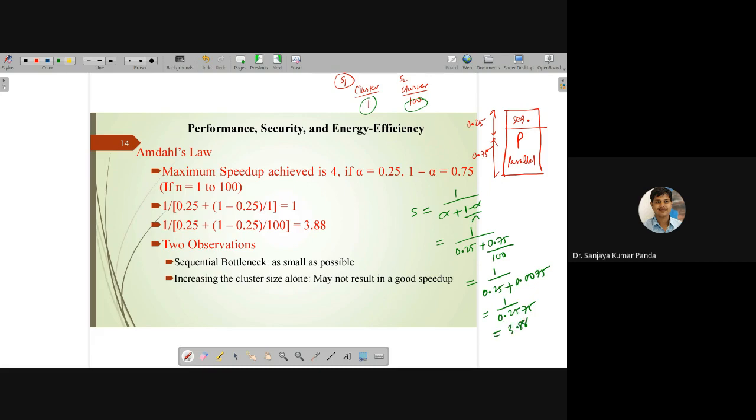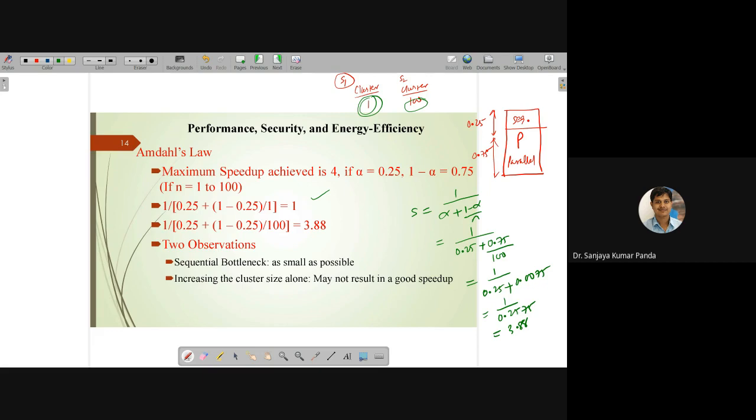Yes, you're correct. So what it says is, if you deal with only one system, your speedup is 1. Speedup means the ratio of pipeline processor to non-pipeline processor. But if you increase the number of nodes to 100, not 1000, the speedup value increases to only 3.88. With one system, speedup is 1. With 100 systems, it is 3.88.